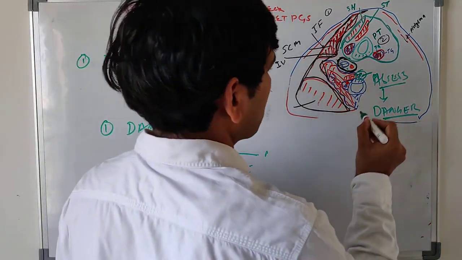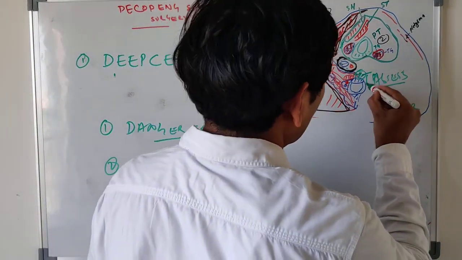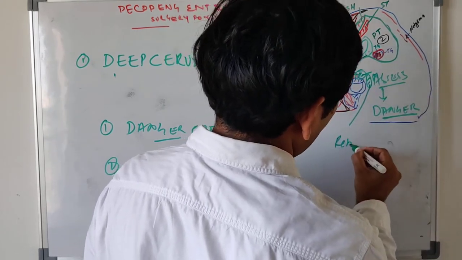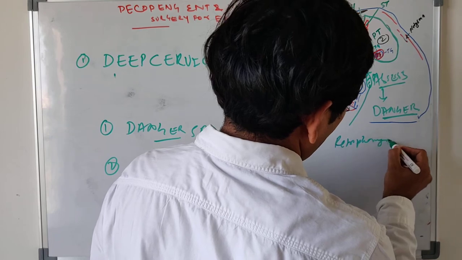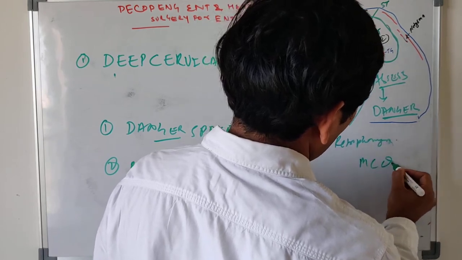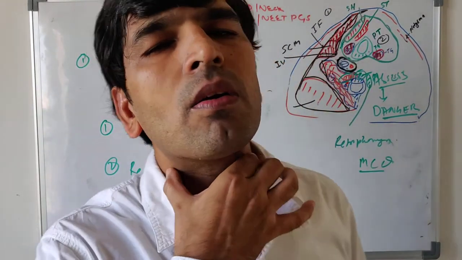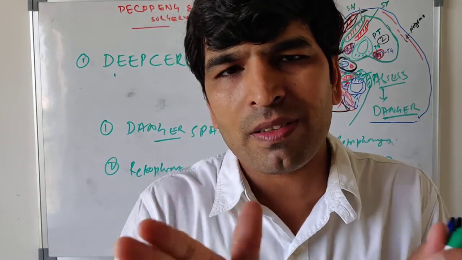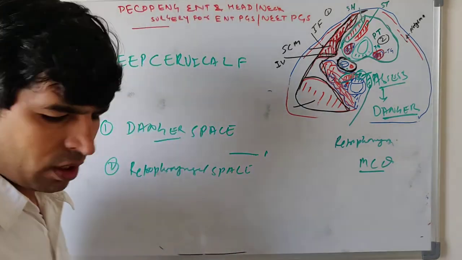That's why it's a danger space. Any lateral swelling here is called retropharyngeal. This is the most common MCQ asked. The lateral extension has most of the retropharyngeal lymph nodes, so it is an extension of the prevertebral space, but it is laterally situated.